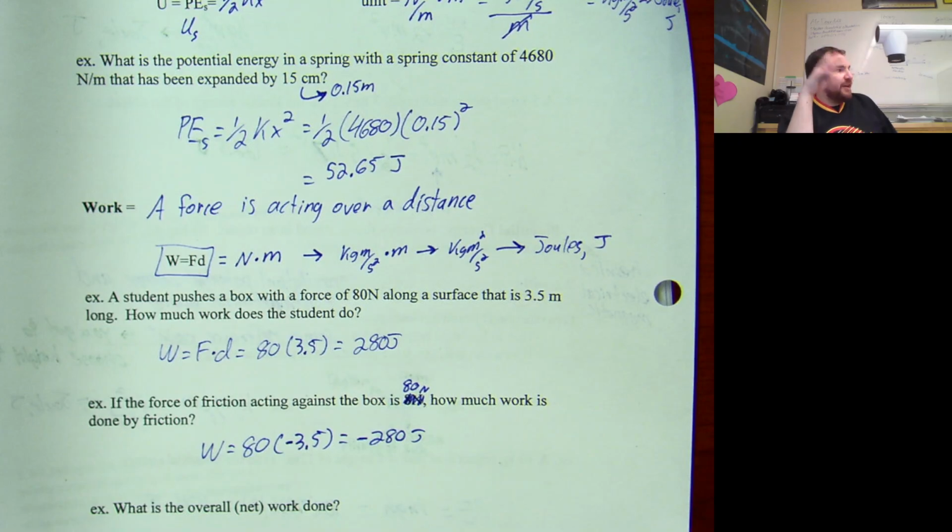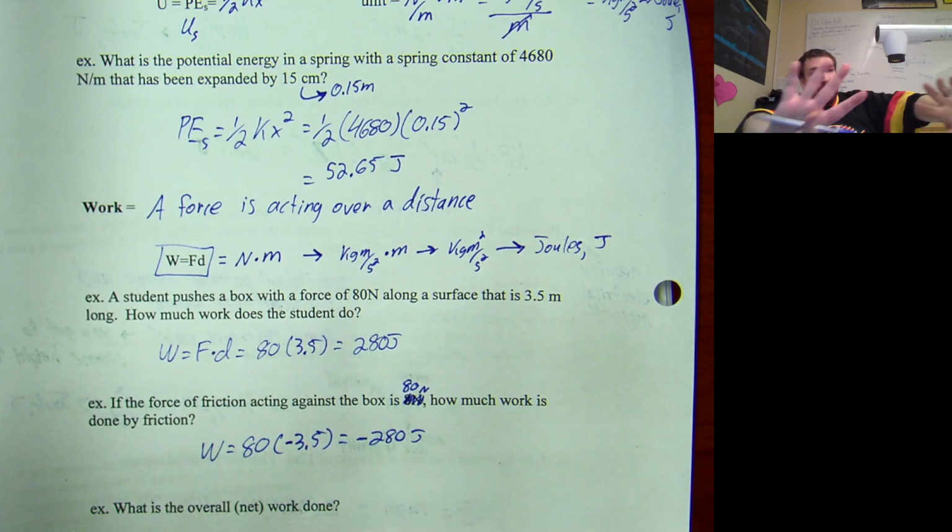But in this case, because work is a type of energy and energy is a scalar, what does it mean for negative work to be done here? Well, it means that as I'm putting work into the box, friction is pulling work out of the box. And in the form of what is friction pulling energy out of the box?